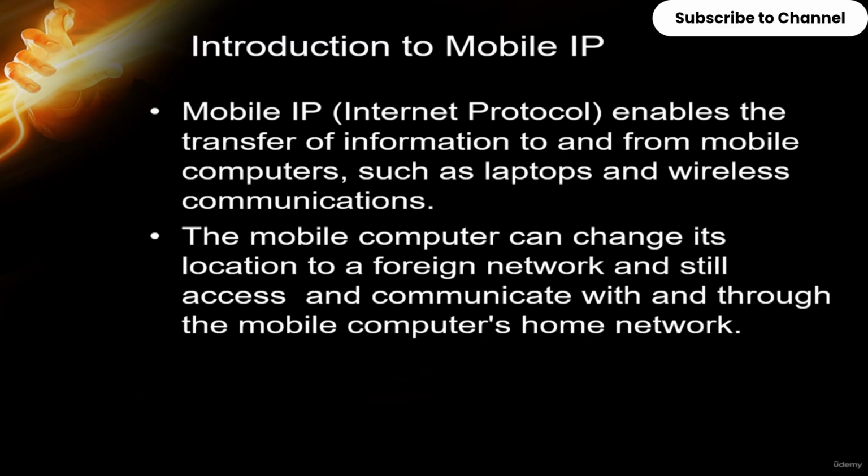In order to make it more comfortable, mobile IP solves this issue of changing IP addresses from one location to another by maintaining two IP addresses. See here, you can see.